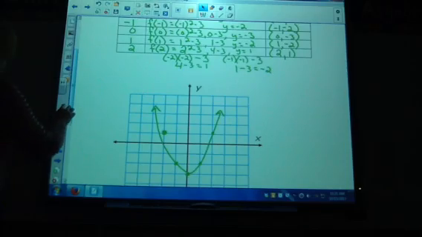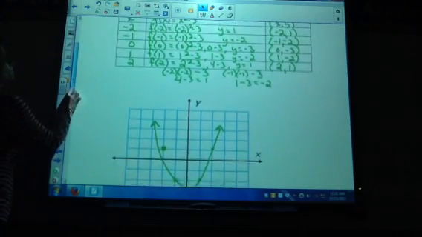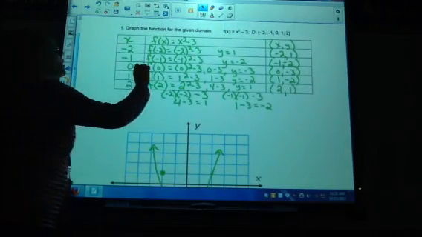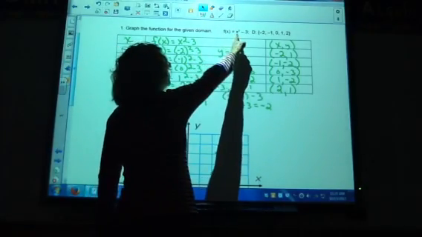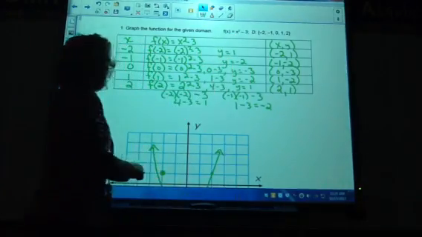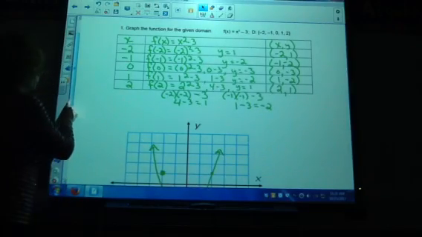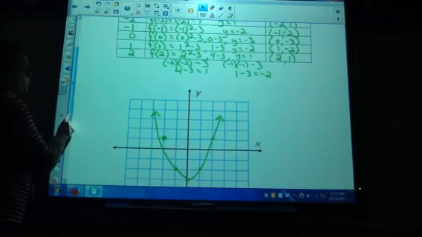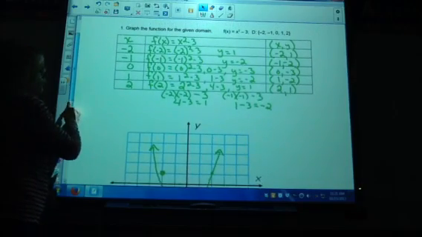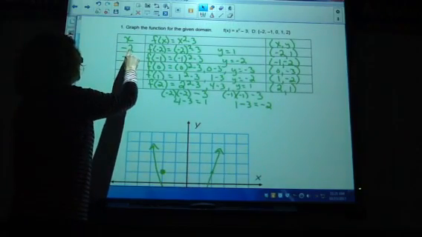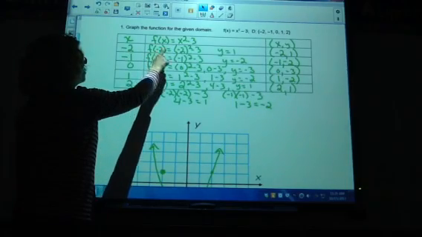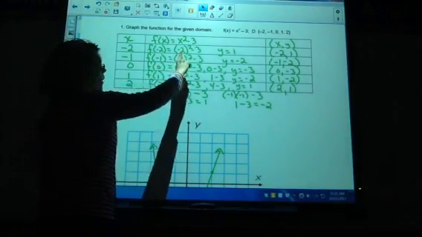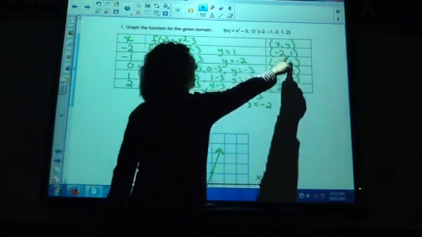Okay, guys, I want to explain something on this one. When your function has x squared, you're going to be graphing something called a parabola. And you should have talked about this in your pre-algebra class, okay? A parabola is going to look like a U, all right? So if you notice here, when I substituted in -2, well, -2 squared is +4, so my output was 1.